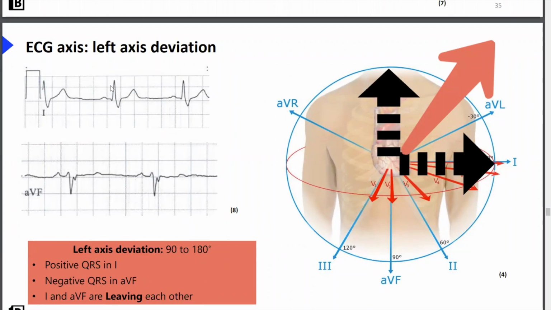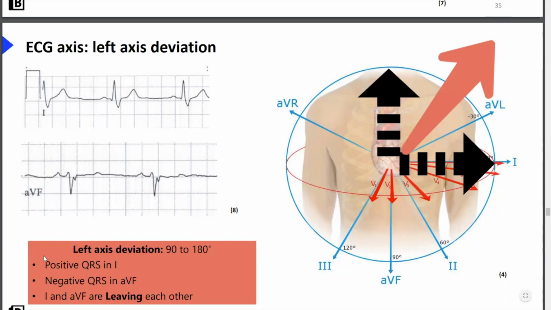Remember the ECG, if the ECG spike is positive, that means current is flowing towards. AVF is negative, therefore positive charge is flowing away from AVF. So we have charge flowing towards lead 1 and away from AVF, the overall vector is in this direction, and this is defined as left axis deviation.